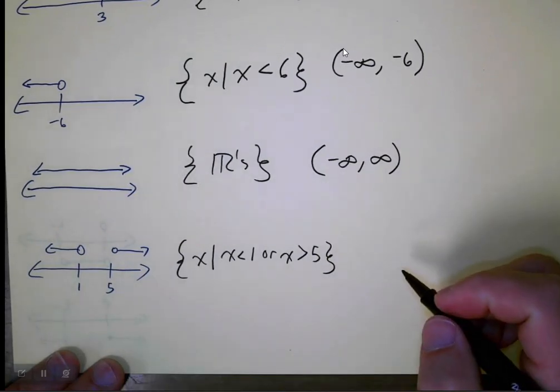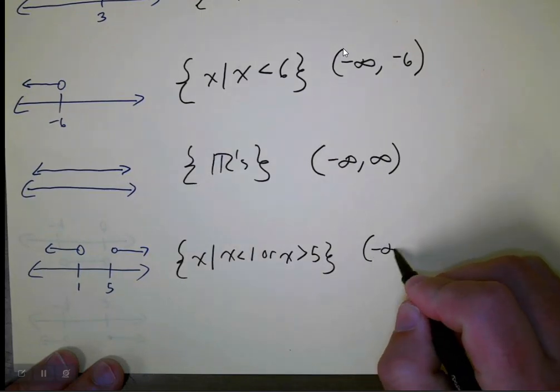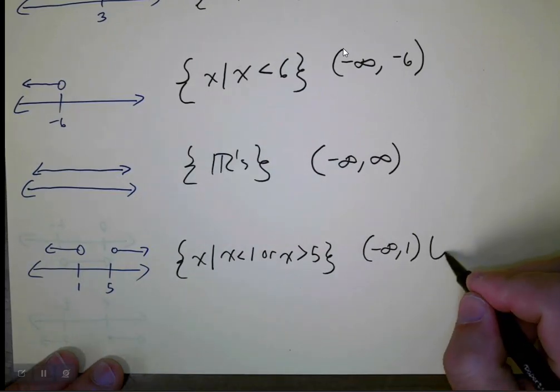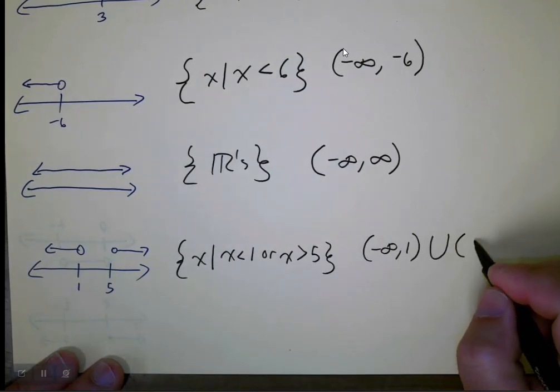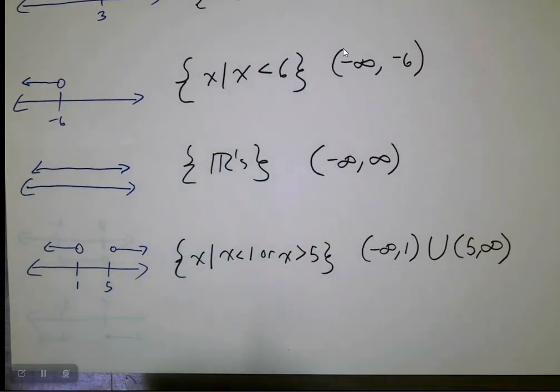Now, what does this look like as interval notation? Negative infinity, comma 1 with parentheses. You're going to use a fancy looking U for union, 5 to infinity. So I know that looks a little weird, but that's what you do.